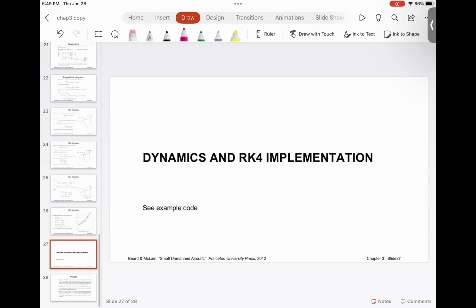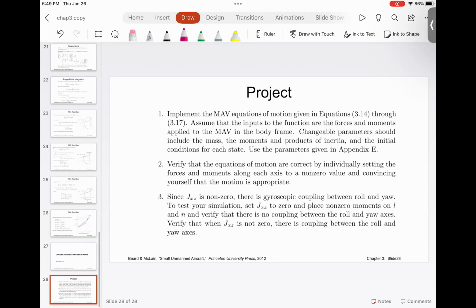Now let me talk about the project in hand. In this project, implement the miniature air vehicle equations of motion given in equations 3.14 to 3.17. Those are either the 12 or 13 equations that we talked about. Assume that inputs to the function are just arbitrary forces and moments.